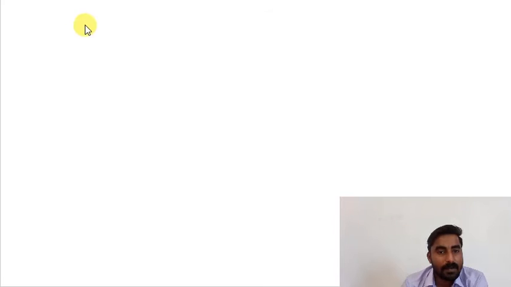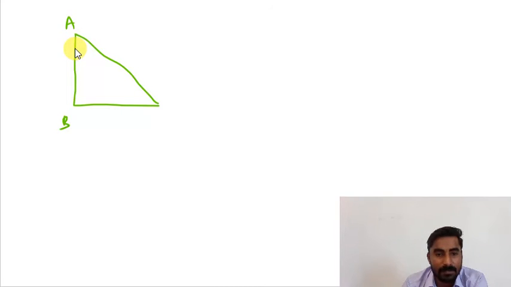We can understand it by taking an example. Suppose here is a right angle triangle, and this is A, this is B, and this is C. We consider this angle as theta, and the sides of this triangle are 5 and 12, and you have to find sin theta.